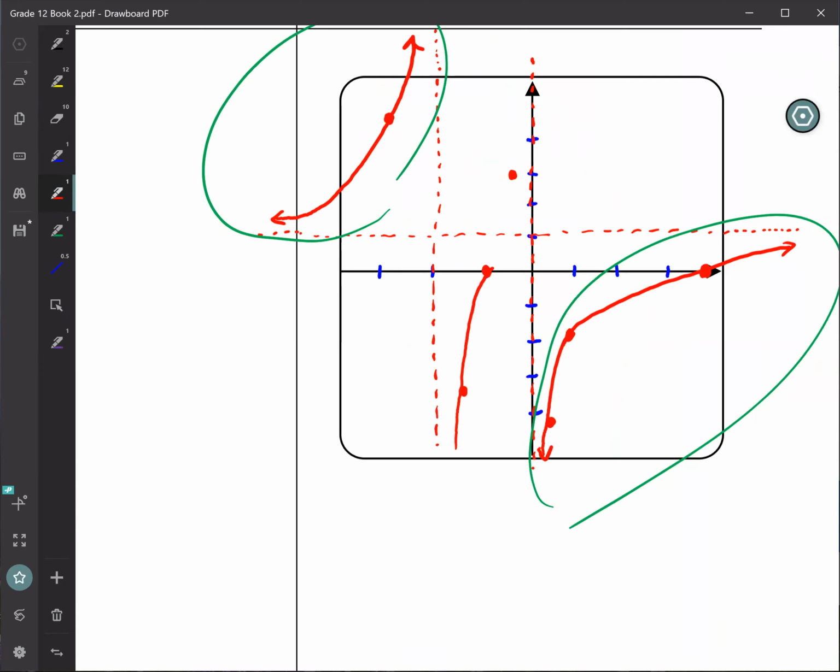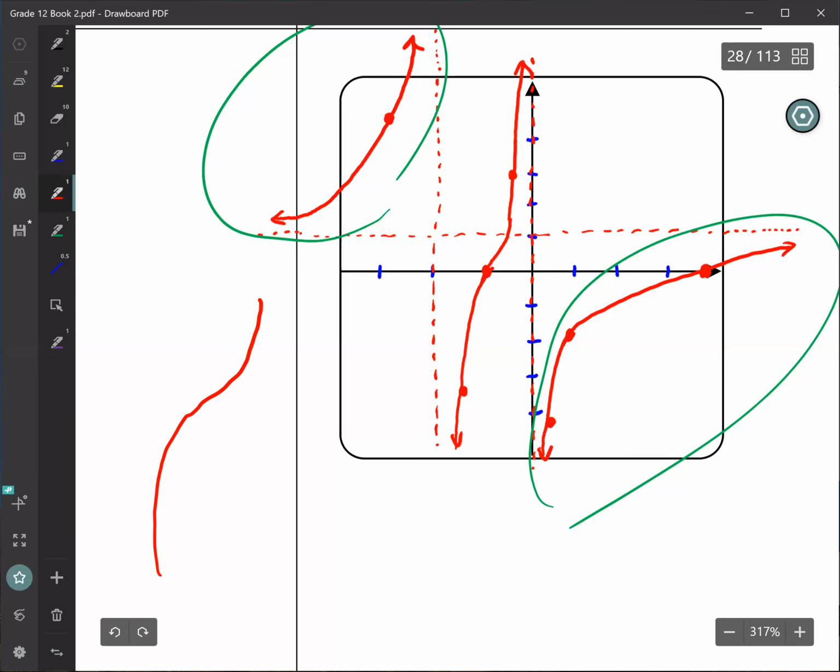And then once it goes past the asymptote, it will curve like the top left. So it looks similar to a cubic. Remember when you draw the cubic, it looks like that. So the middle part will bend like this.